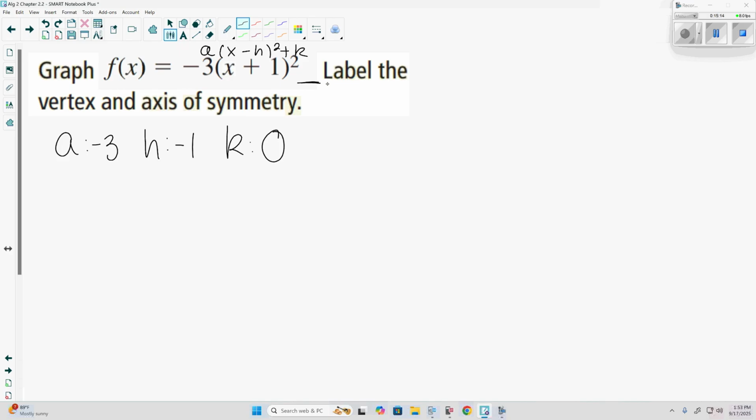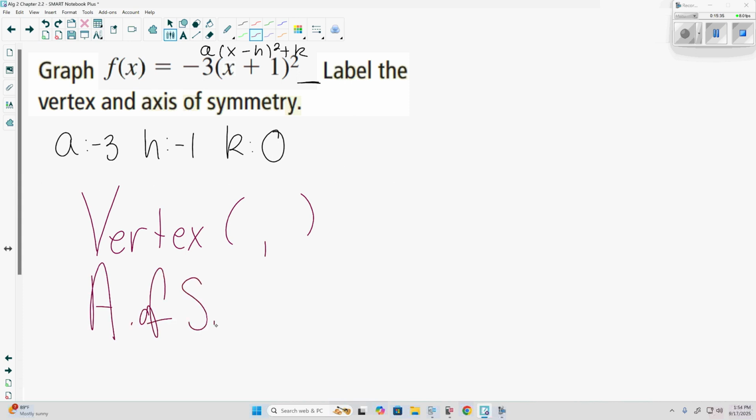Since there's not a number being added or subtracted from it, k is 0. There is no value for k. Vertex and axis of symmetry.